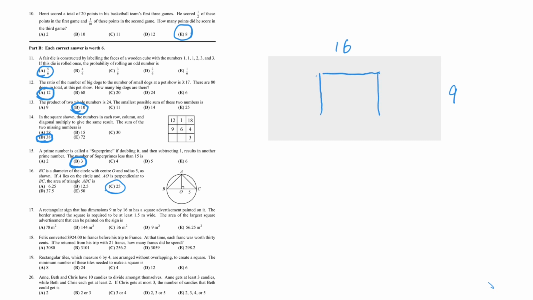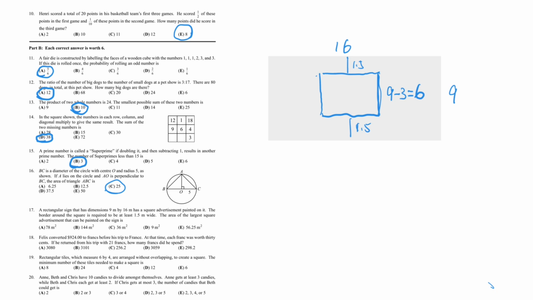So the maximum square we can make, because the border is at least 1.5 on each side, has side length 9 minus 2 times 1.5, that's 3. So the side length is 6.